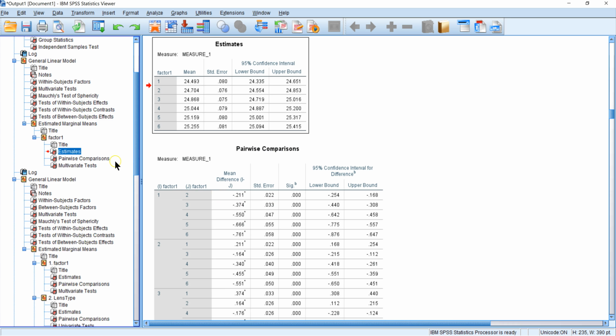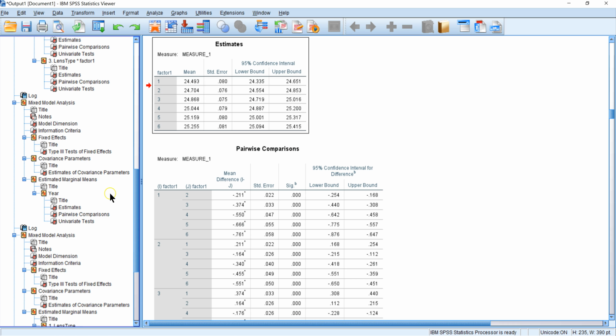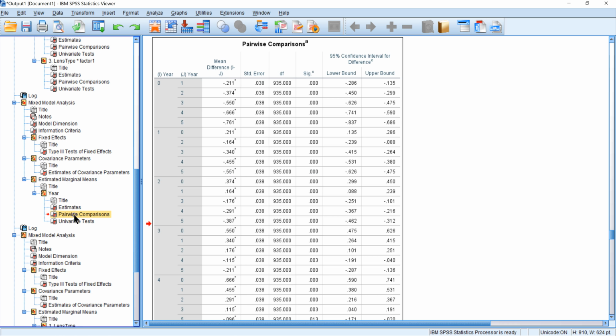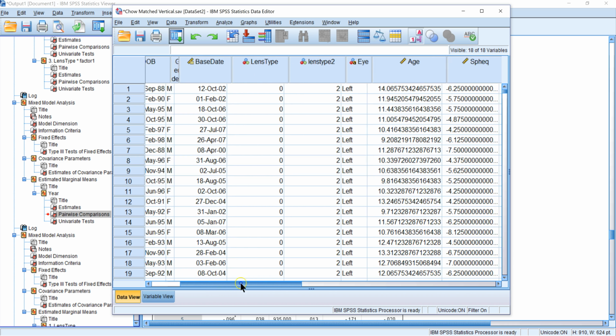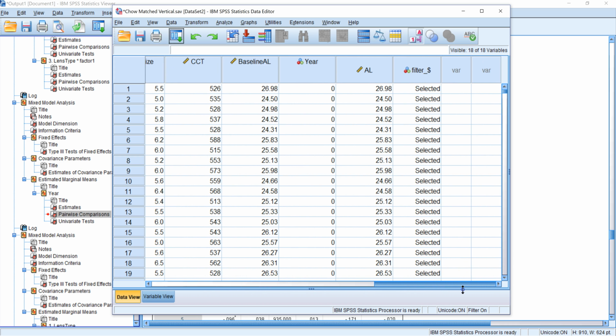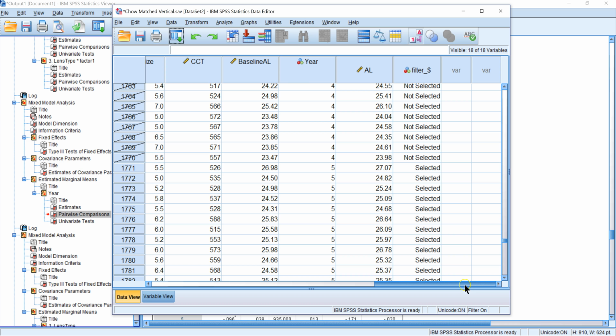Now, let's look at the same thing for a mixed model. In the mixed model, the data are organized a little differently. Here, we have axial length, and we have year. In this case, all the year zeros are together, year 1s, 2s, 3s, 4s, and so forth.